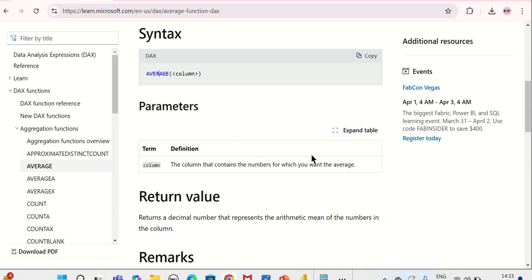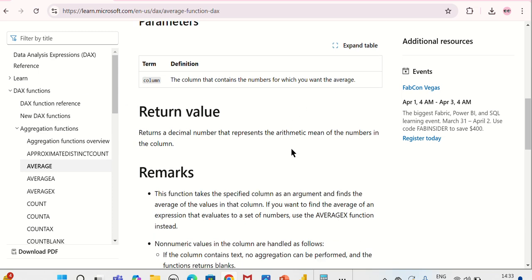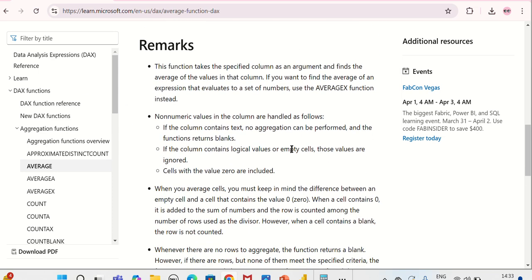AVERAGE works on a numeric column, and no aggregation can be performed in AVERAGE DAX. If it contains logical values or empty cells, empty cells are ignored. If you have zeros, AVERAGE takes them into consideration.